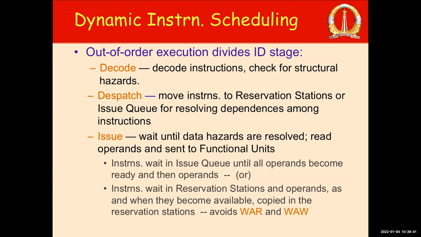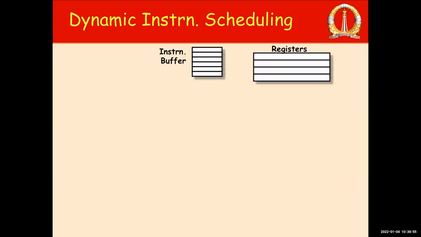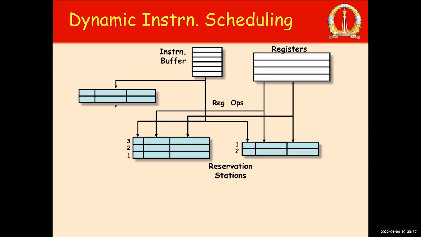Okay. Now, let's explain how the whole thing happens, right? Once the instructions are fetched, they are put into the instruction buffer, from where the decode and dispatch will happen. The dispatch will take these instructions, and based on the decode that it has done, it will put them into one of those reservation stations. And these reservation stations are also divided in terms of the different functional units.